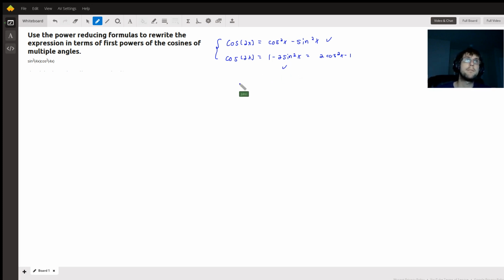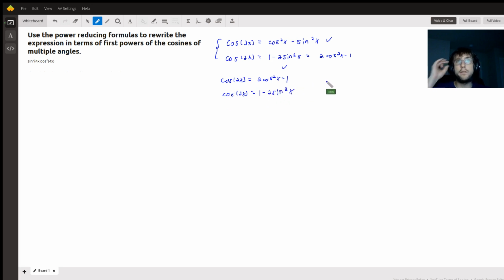x minus 1. So we're going to focus on this and get cosine of 2x is equal to 2 cosine squared x minus 1. And then we also have cosine of 2x equal to 1 minus 2 sine squared x.